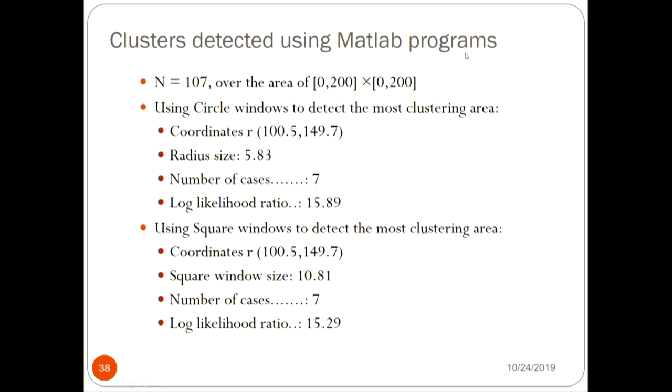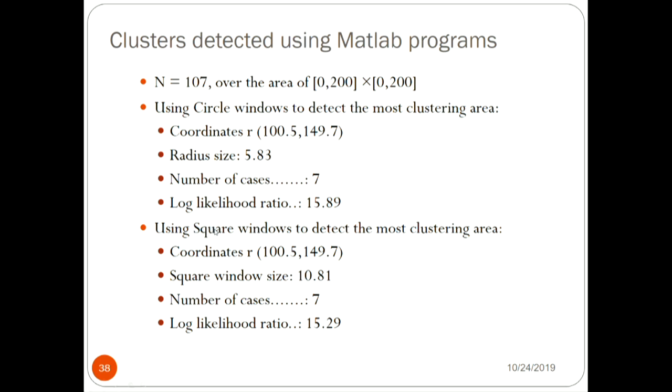Compared to SaTScan, we can also use the MATLAB program or the R program to conduct the maximum likelihood ratio test statistic. I use that for both the square moving window and the circle moving window here. If I use the circle moving window, I found exactly the same result as SaTScan with MATLAB.